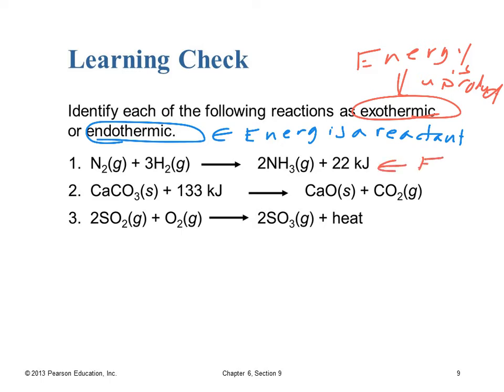So this would be an exothermic reaction because energy is on the product side. This would be an endothermic reaction because energy is on the reactant side. This would be an exothermic reaction because our energy in the form of heat is on the product side.